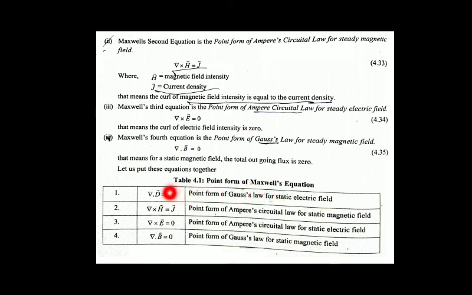First is volume charge density in case of static electric field, and second is for the static magnetic field.